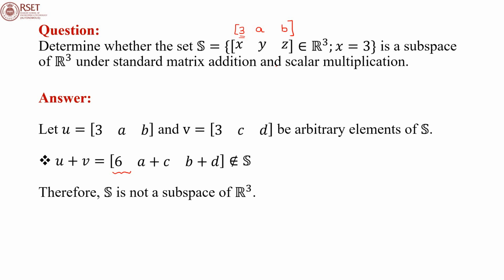Here in this example, any element of this set is of the form 3, a, b. So the first entry will always be 3. What is the zero vector in R3? It is 0, 0, 0. This vector does not belong to S. So from this itself we can say that this set is not a subspace of R3. That is another method to say that a set is not a subspace. But if the zero vector exists, we cannot be sure whether it is a subspace or not. Then we will have to check the properties of the subspace.